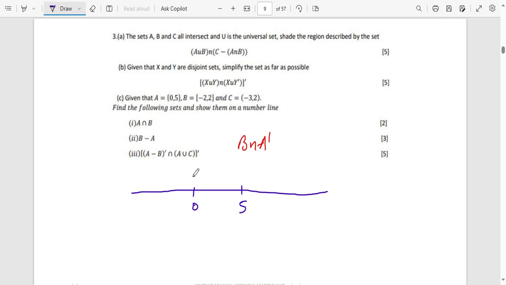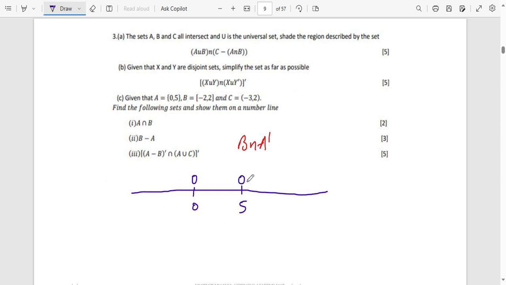Okay, it won't. How about 5? Is it part of the set A? Yes. Is it going to be part of A complement? No, it won't.